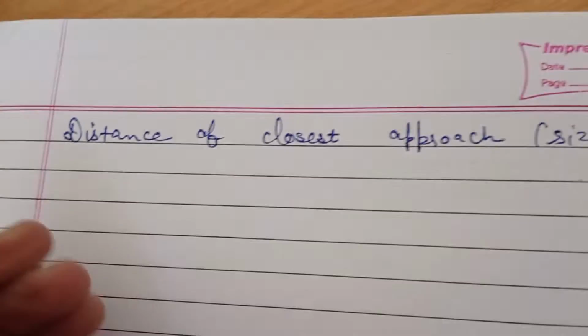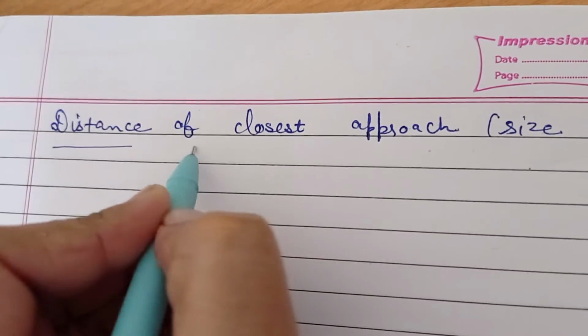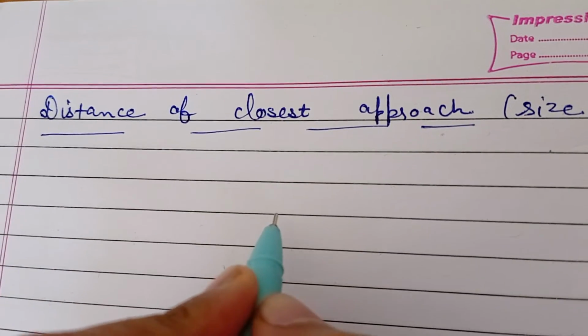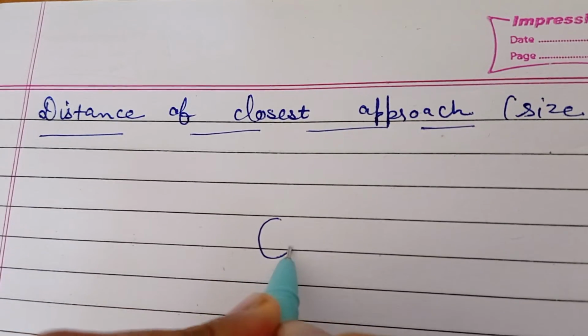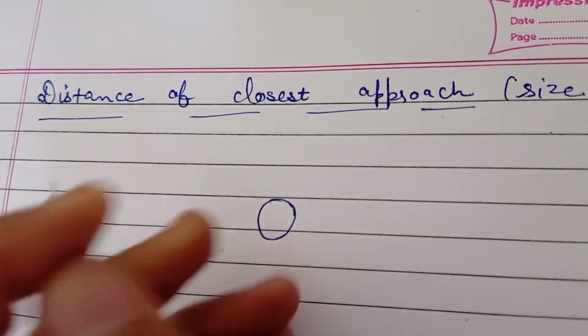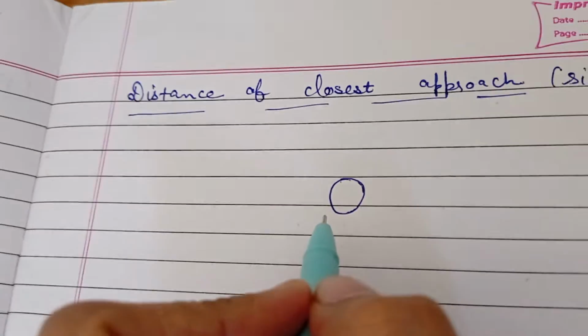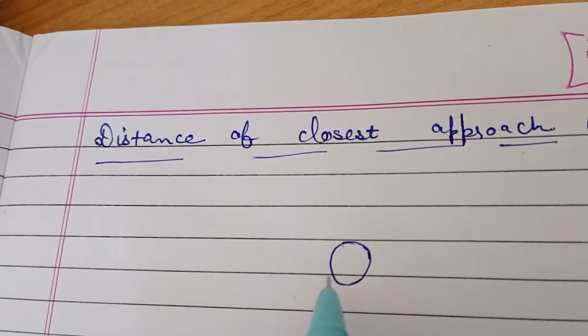Now, what is the meaning of the distance of closest approach? For example, take the gold atom which was used in Rutherford's alpha scattering experiment.